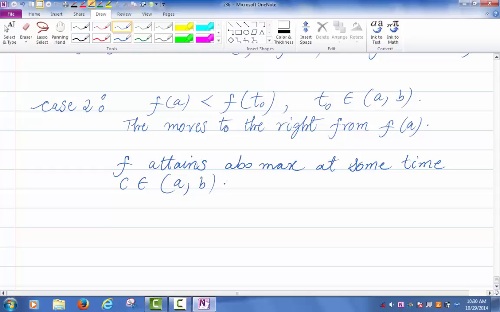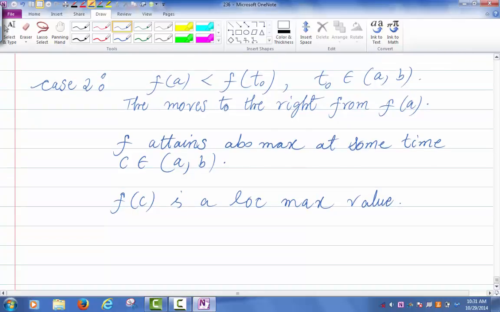Well, what do we know about the absolute maximum value of a function? If it occurs inside of this interval, it's also a local maximum value, right? So then we know that f of c is a local maximum value as well, right? Am I making sense?